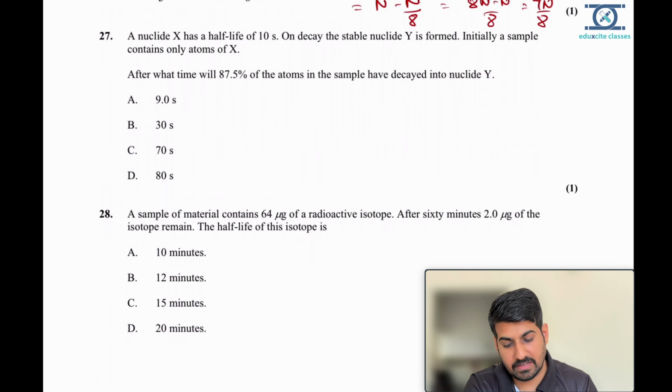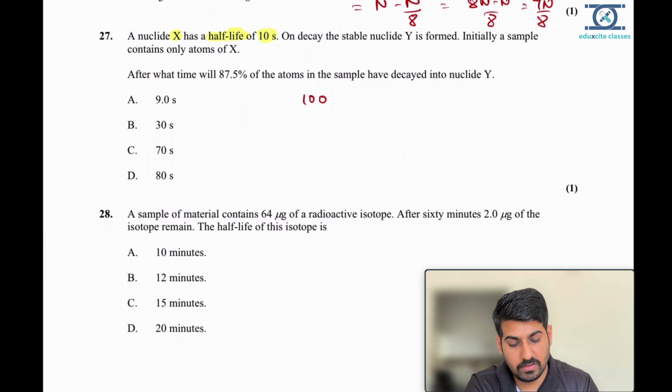Question number 27. A nuclide X has a half-life of 10 seconds. On decay, the stable nuclide Y is formed. Initially, a sample contains only X atoms. After what time have 87.5% of the atoms in the sample decayed into nuclei Y? Let us say initially X is 100%.